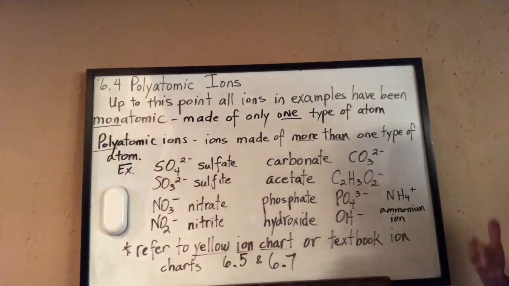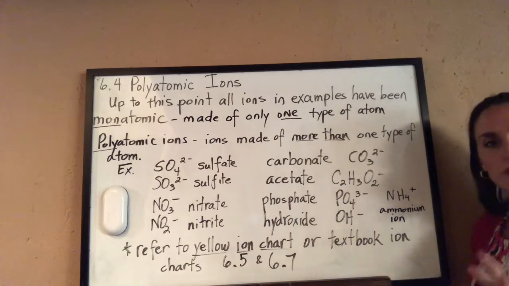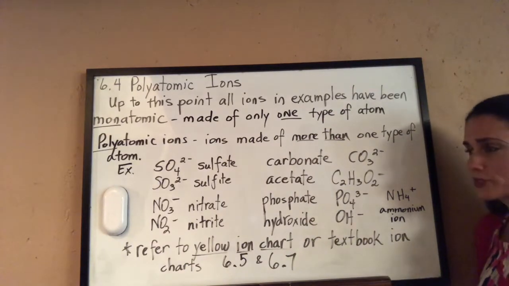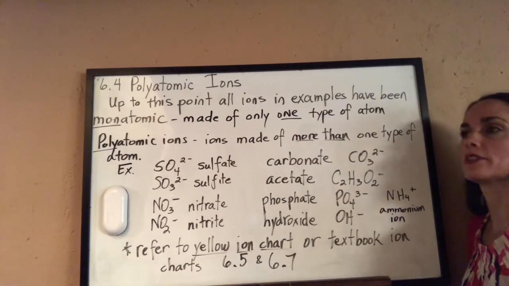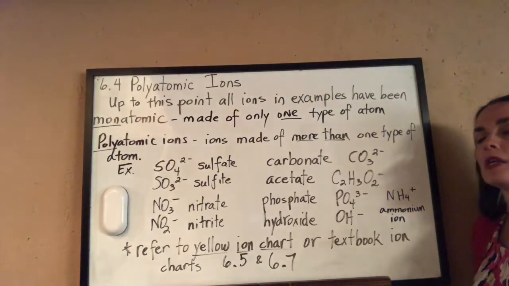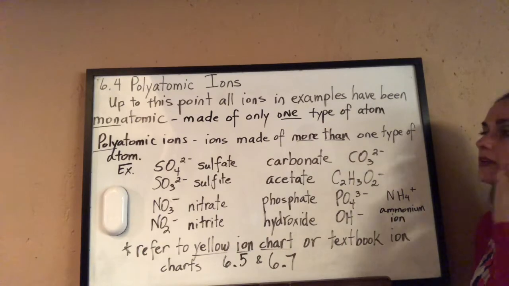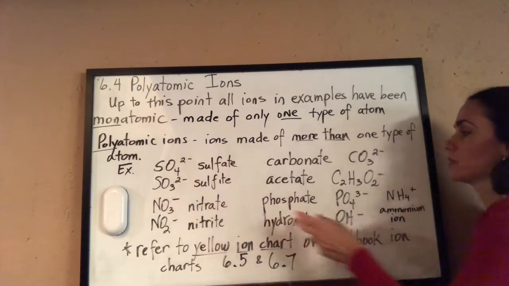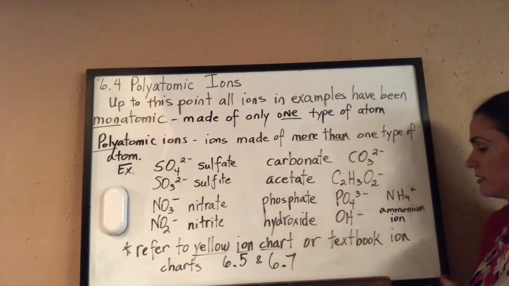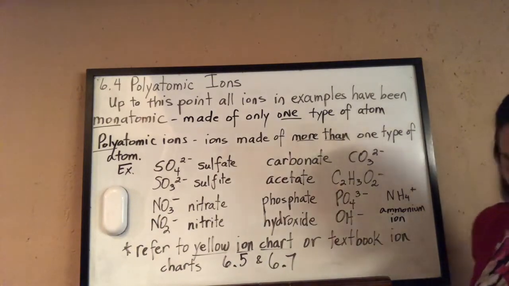In polyatomic ions you have overall covalent bonding, which we will be talking about shortly, the sharing of electrons between the atoms. That overall structure has an ionic charge associated with it, whether it's -2, -1, -3, or +1.